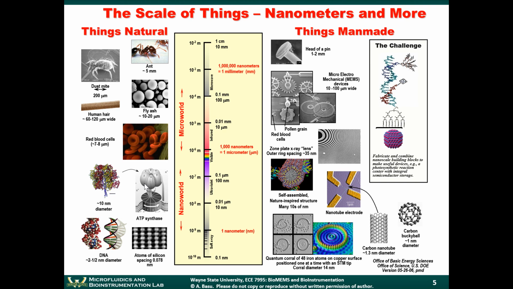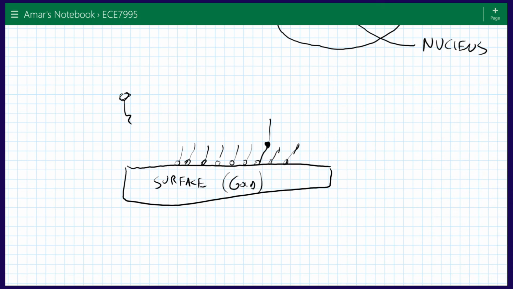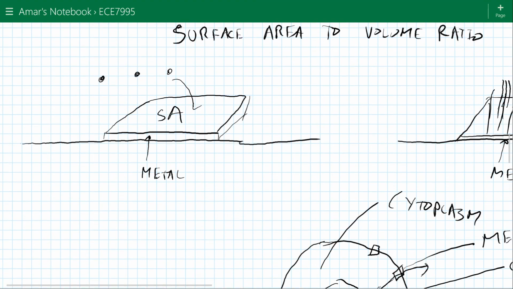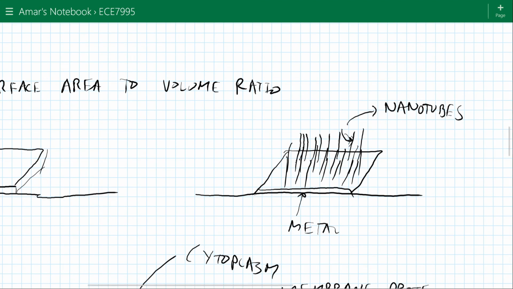For example, if you're trying to make a sensor, this is an example where if you assemble nanotubes on the top of a metal, you don't necessarily need to say this nanotube goes here, this nanotube goes here. You just need a whole bunch of them on there, right? So in those types of situations, the concept of self-assembly is useful in nanomanufacturing.